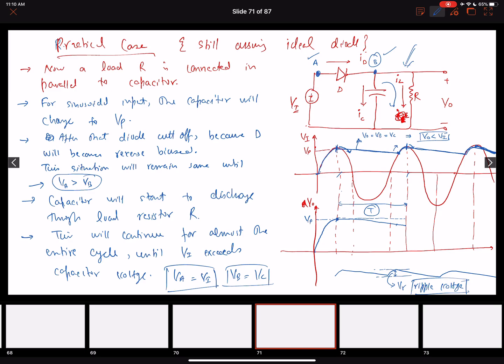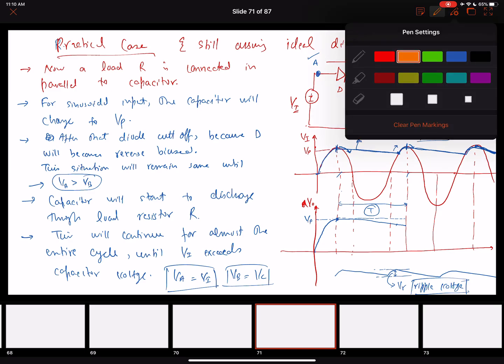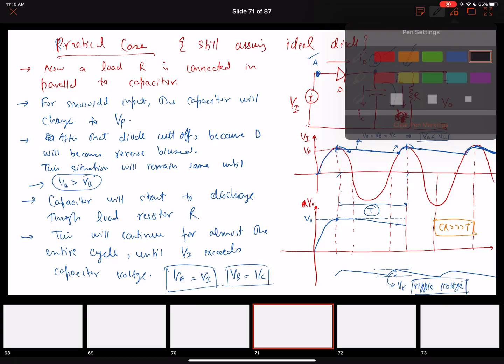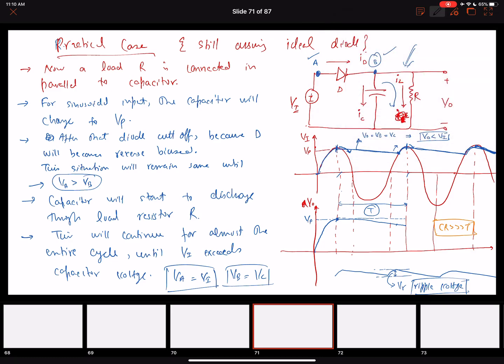If I make sure that this condition, sorry, going back here, that my CR would be very, very much larger than that time period, then I will make sure that the discharging, or the decrease in the voltage, will be very small, right? So if CR is very, very high, then my decrease is going to be smaller. If it is low, then the discharge will be here. Otherwise, the discharge will be here.